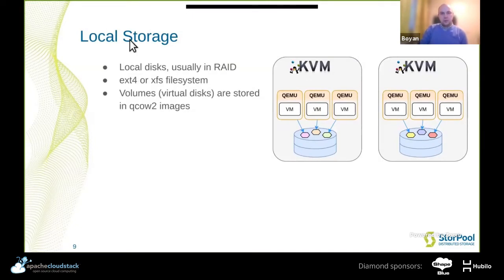So what are the options? In local storage, virtual machines use a QEMU QCOW image in a local file system, which is usually ext4, and that local file system lives on a local disk or a local RAID array.